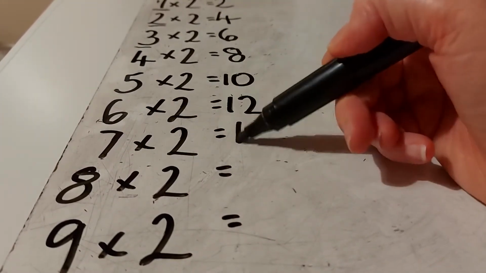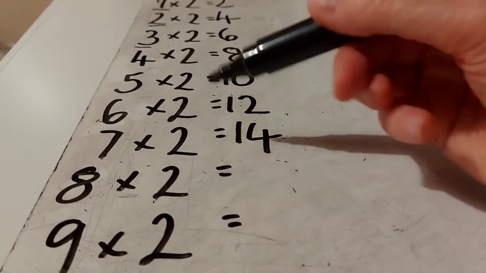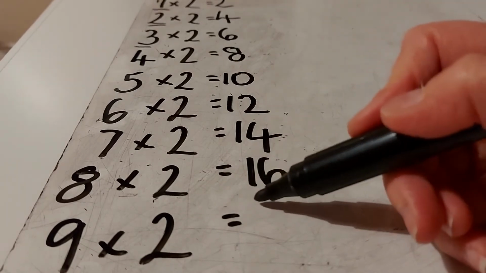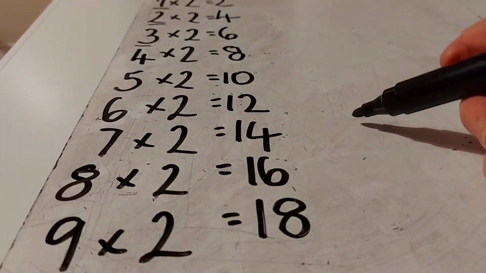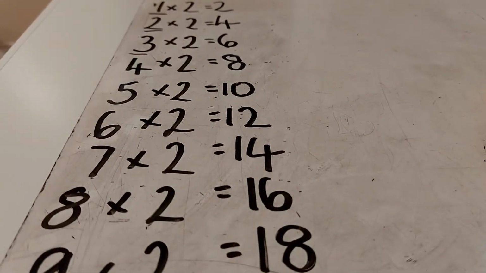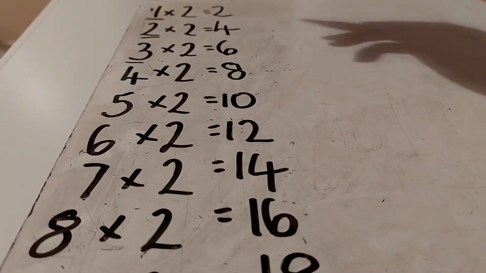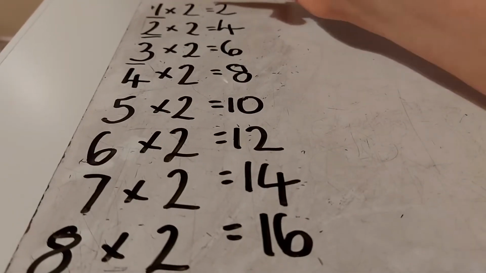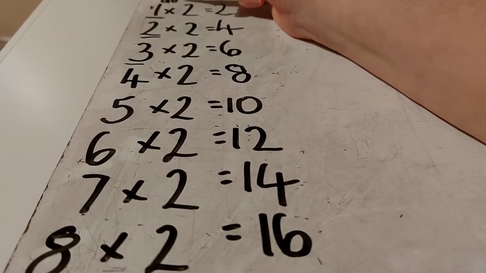Double 7? 14. Double 8? 16. Double 9? 18. So when you're doing the 2 times table, you just double this number at the top once, okay? So I'm going to put at the top double once.